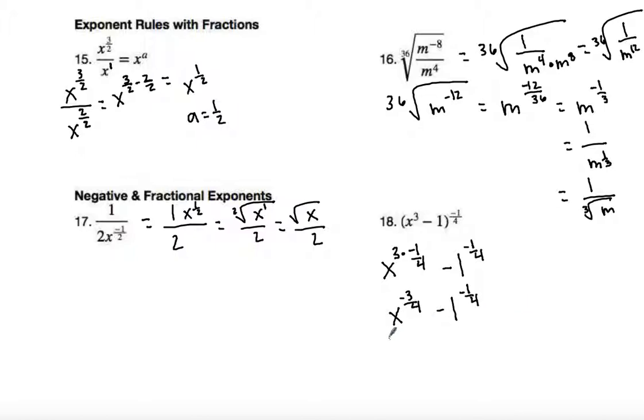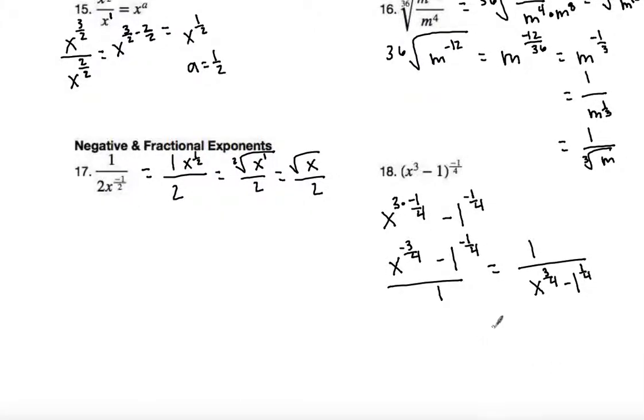Okay? Now, I'm going to make this over 1 so I can move my exponents because they're negative. And so everything's going to move to the bottom. Then I'm going to rewrite them.